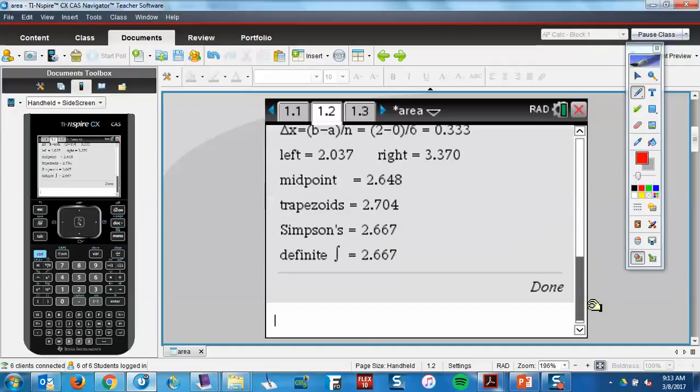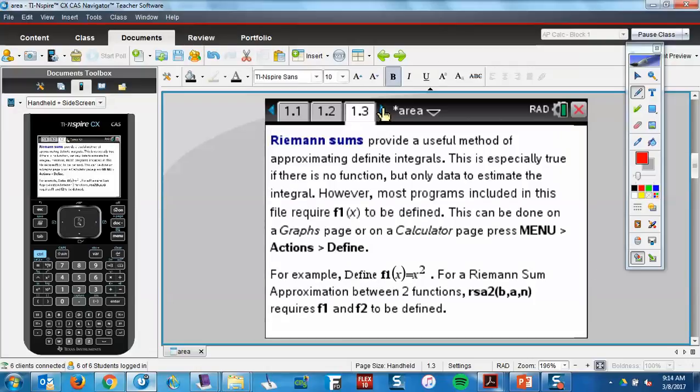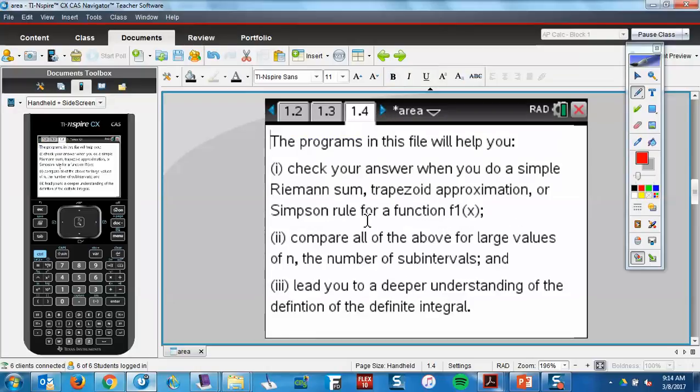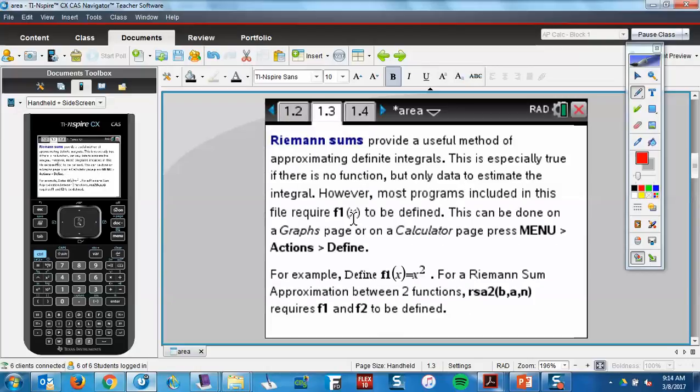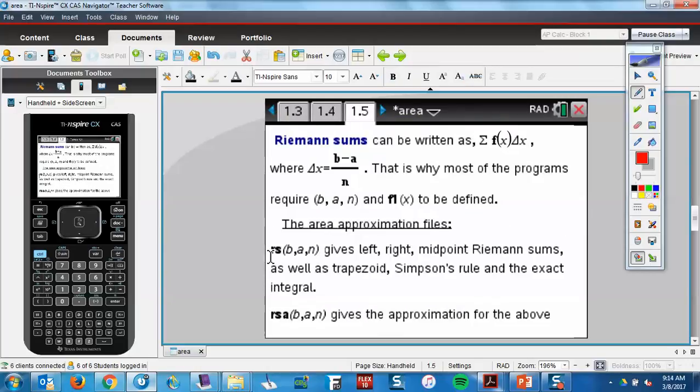All it is. Okay. Now for you guys that were in computer programming, if you're interested, if you go over here to the next, it talks about this. It talks about some other programs that are in this file, but we can't get to them. They're listed over here. They're little functions that are written. RS was just a Riemann sum.